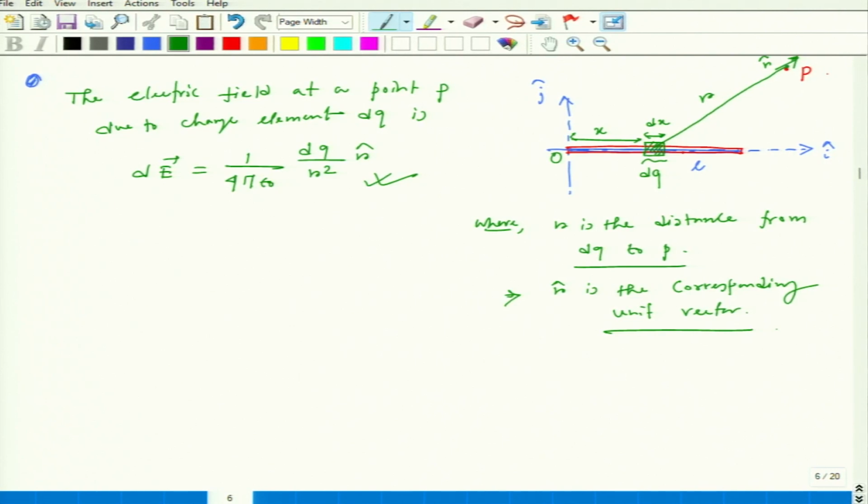Now we use the superposition principle. The total electric field is the vector sum of all these infinitesimal contributions. We can choose this small element anywhere on the rod.